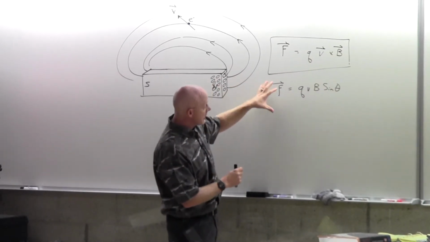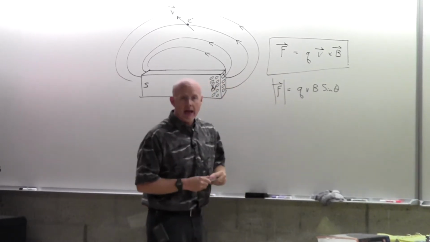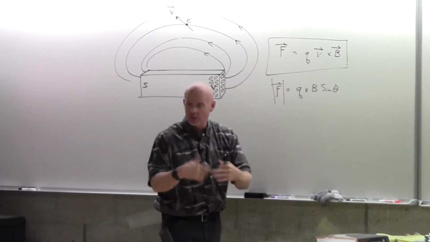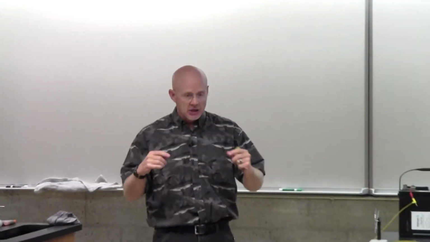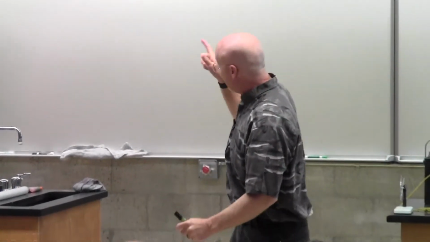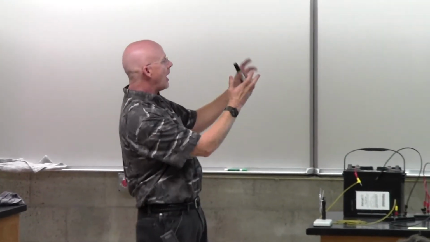This is how you calculate the magnitude of the force, and the direction, of course, we got by the right-hand rule. And everything we do today is going to be applications of forces on charges moving in a magnetic field. And so that's what I want you to see, starting with wires and current.